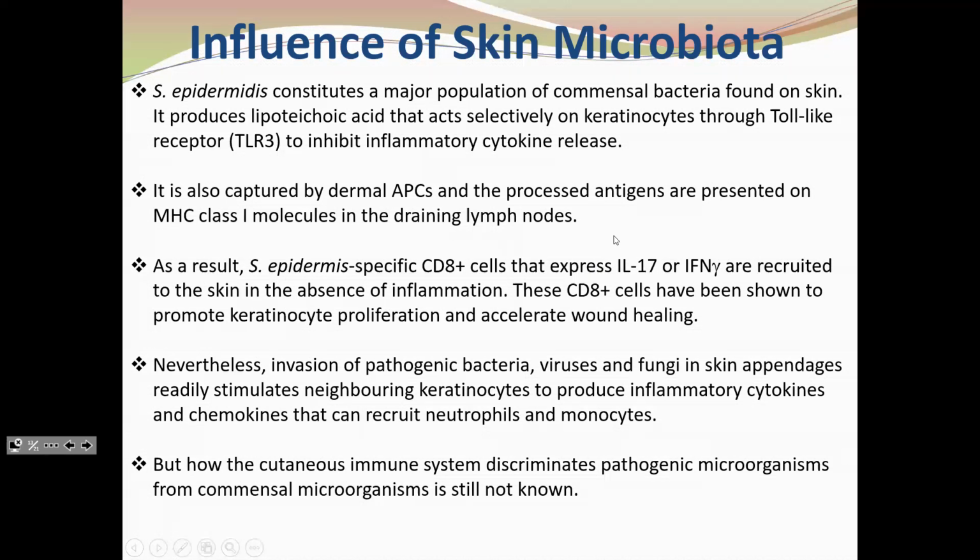But these commensal bacteria, in addition to inducing tolerance and the production of these antimicrobial peptides, can also, through inducing cytokines like IL-22, promote repair of damaged epithelial cells within that skin.